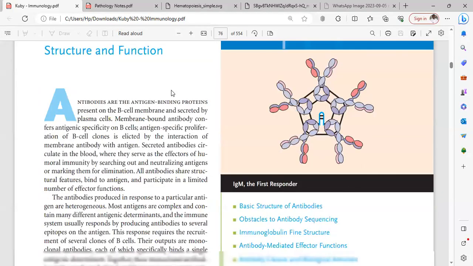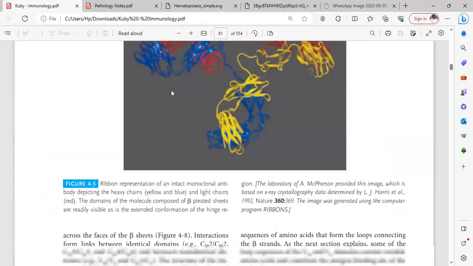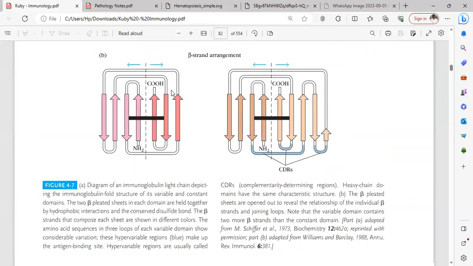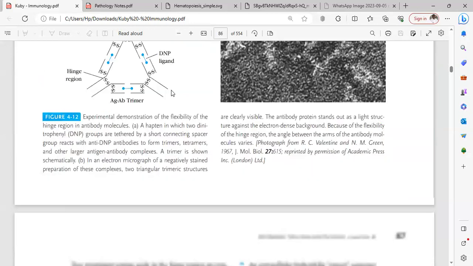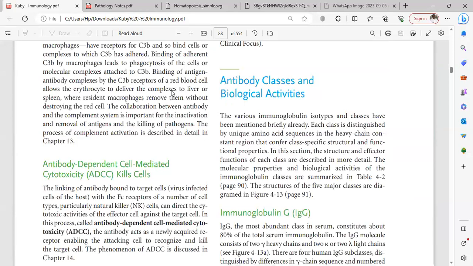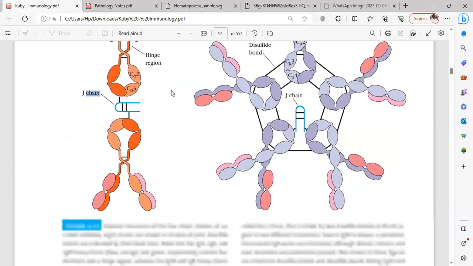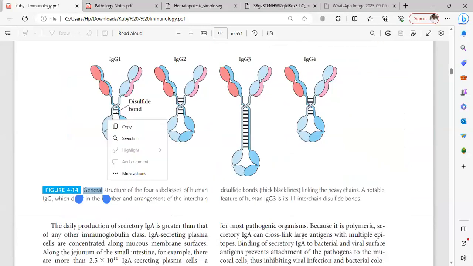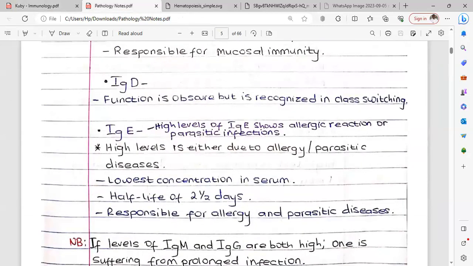I think we remained with IgE, which is the most known immunoglobulin because it's found in allergic reactions, like we have talked about asthma and all that. It's saying that when it's in high levels, it's due to allergy or parasitic diseases.